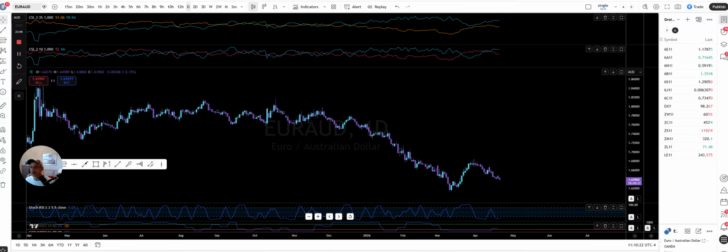So is it worth holding swing trades if they're not going to let you do it anyway? So I'm looking at more short-term trades.